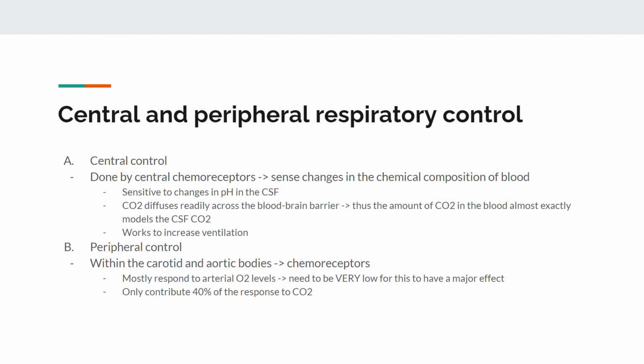Furthermore, the arterial oxygen levels need to be pretty low for these to have a major effect. However, once the oxygen levels get quite low, these will be activated regardless of the amount of CO2 that is present. So as I said, you've got your central and peripheral. Central is completely controlled by CO2. Peripheral is mostly by O2.